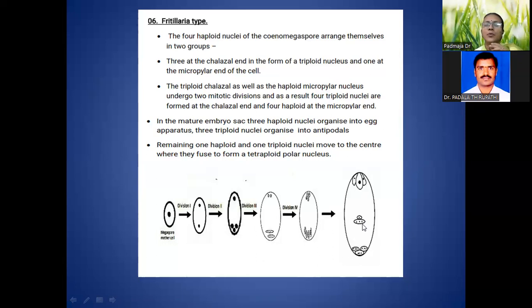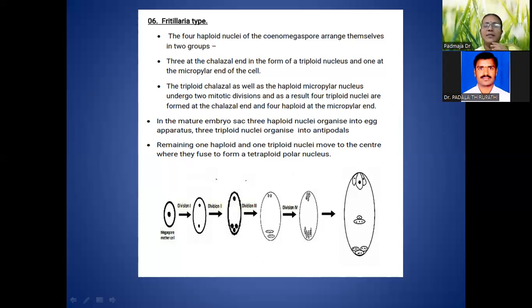So as a result, the total 5n condition of endosperm is present, and after fertilization these synergids will disappear and this egg will develop into the embryo, and at the center it will develop into the endosperm, and these triploid antipodals will disappear. So here in Fritillaria type, the triploid type of structure is formed by this division.